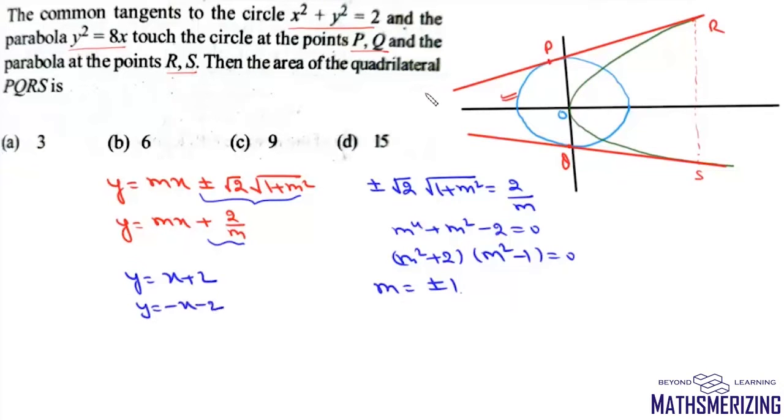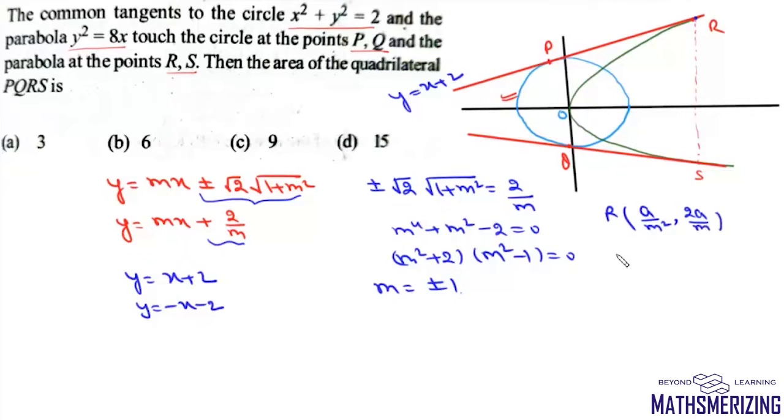So we'll consider this tangent, which is y equals x plus 2. Now for this parabola, we can find this point of contact. So we know that in parabola, point of contact is given by a upon m square and 2a by m.